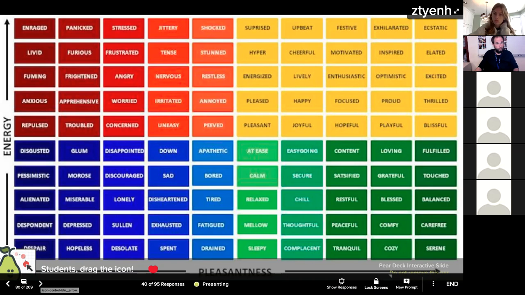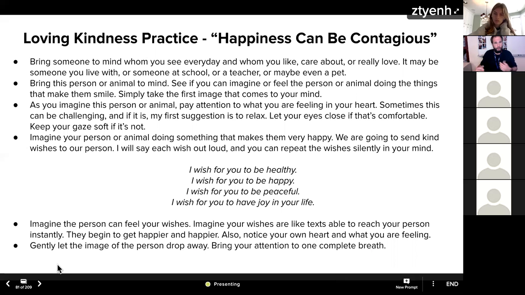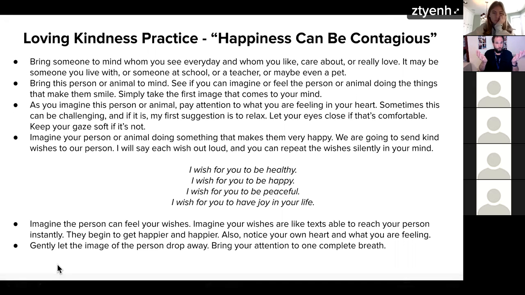So again, these practices are really simple. With that same person in mind, again, picturing them. If it helps to close your eyes, you're welcome to do that, but you certainly don't have to. Imagine them doing something that makes them happiest, that brings joy to them, that makes them smile. And it can be the first image.